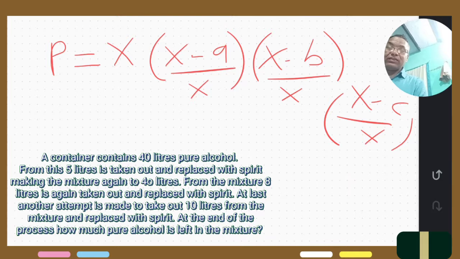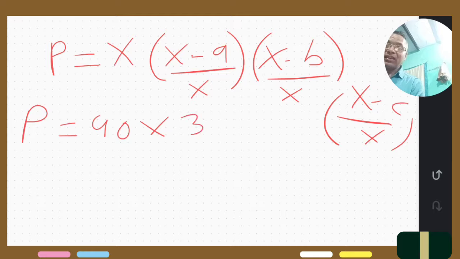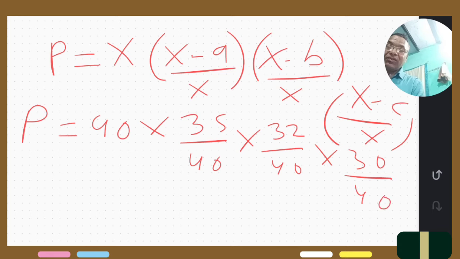So here we will put the values. Purity of alcohol in the content will be 40 into first time withdrawn 5 liters, so 40 minus 5, 35 upon 40, into second time 40 minus 8, 32 upon 40, into third time 40 minus 10, 30 upon 40.